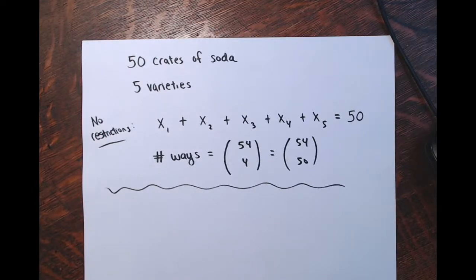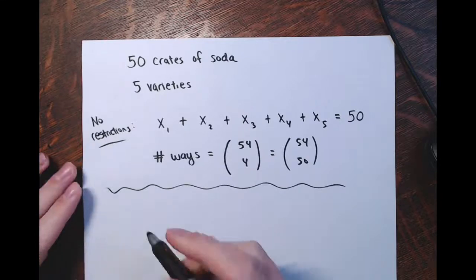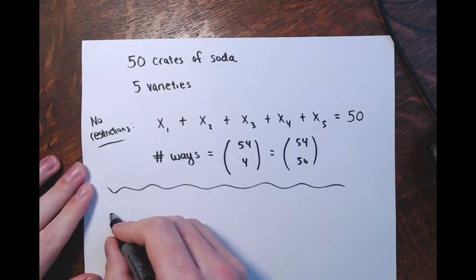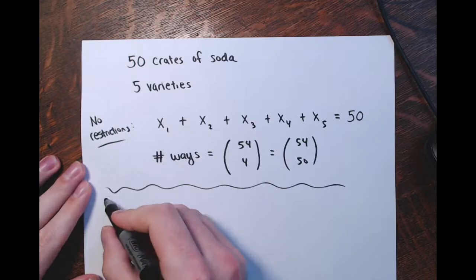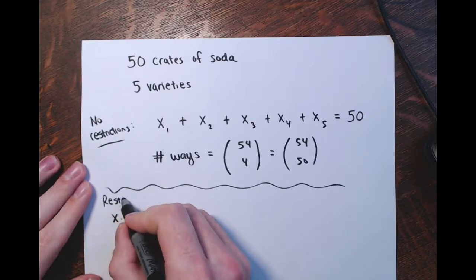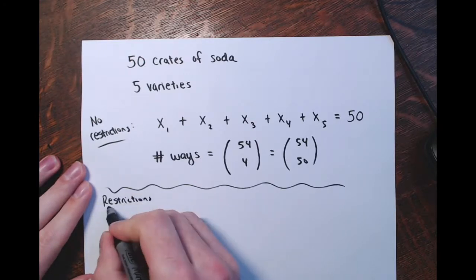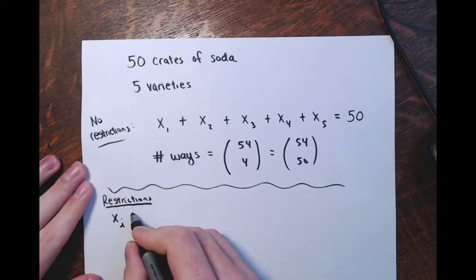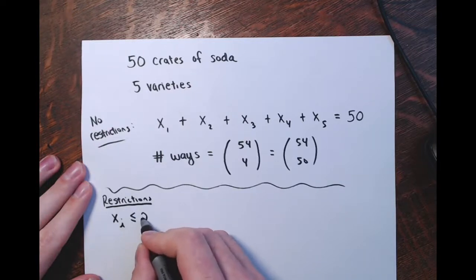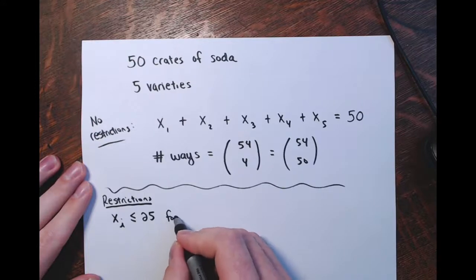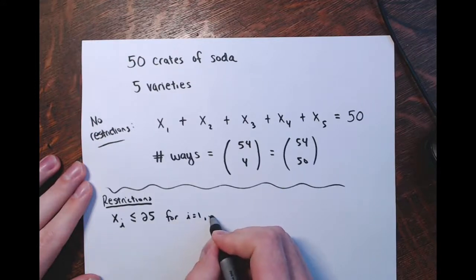The question is, how many ways are there for her to purchase the 50 crates of soda if she does not order more than 25 of any particular variety? So here are the restrictions: x sub i is less than or equal to 25, for i equals 1 to 5.